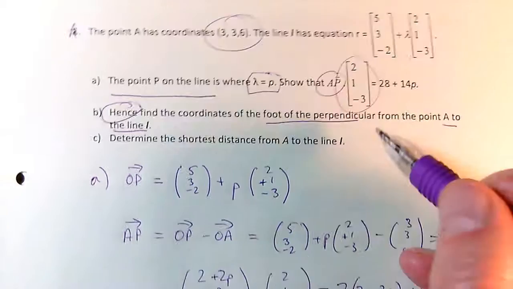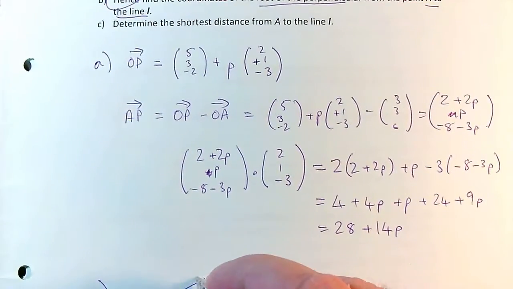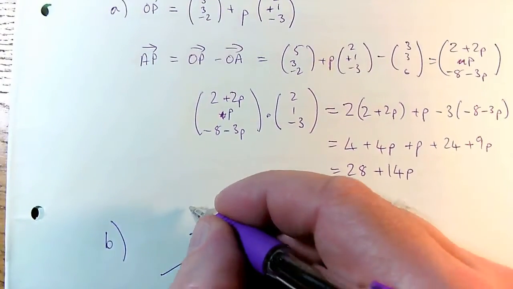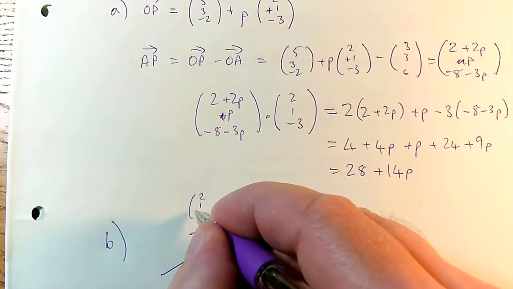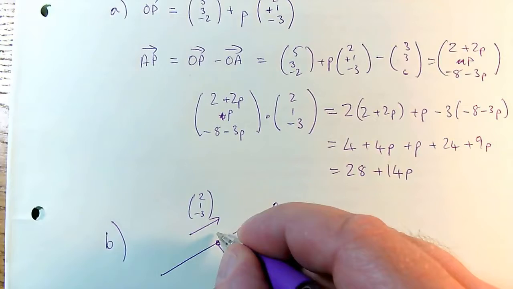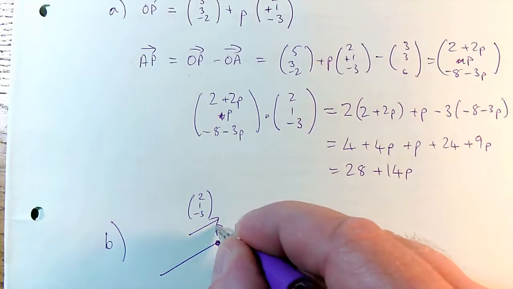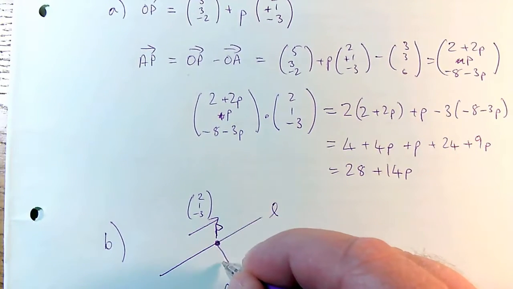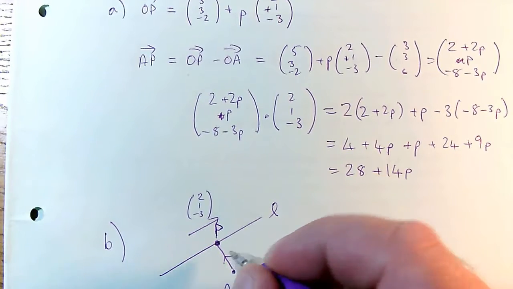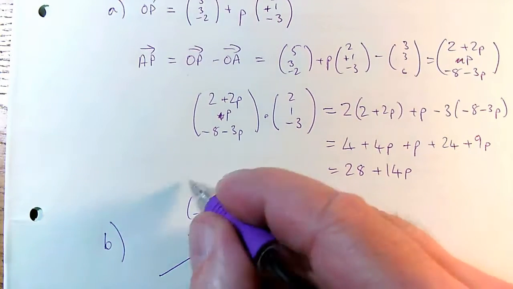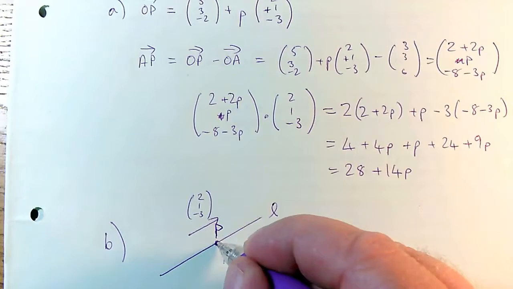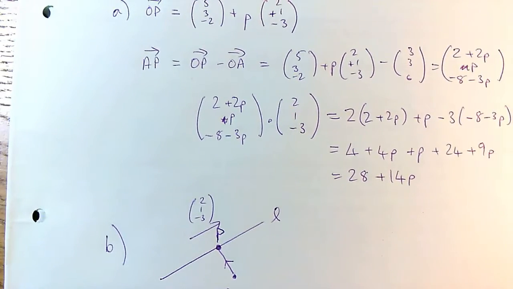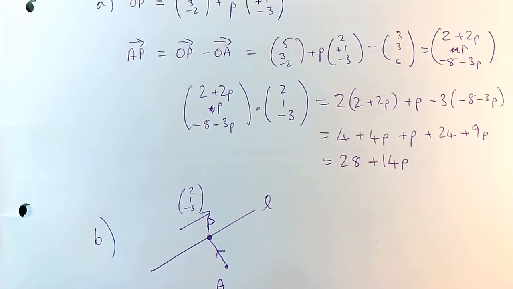So what's going on here is that I've got a line with direction vector 2, 1, minus 3. And this point here that I want to find is what they've been making me call P. Because if I make AP perpendicular to this direction vector, then P will be the point I want, which is the foot of the perpendicular.